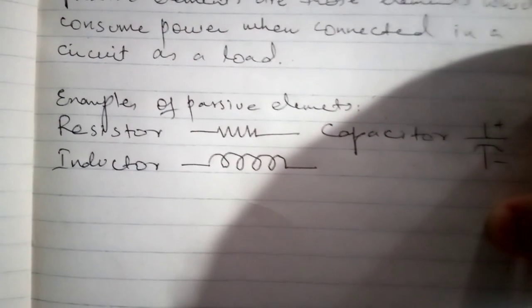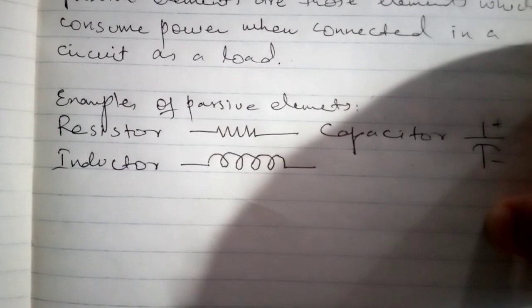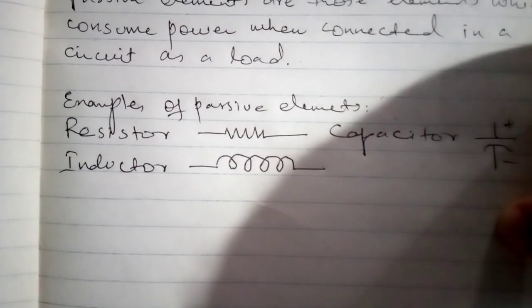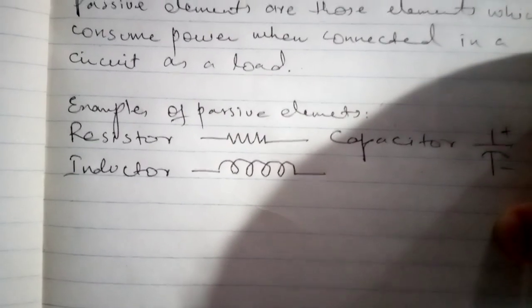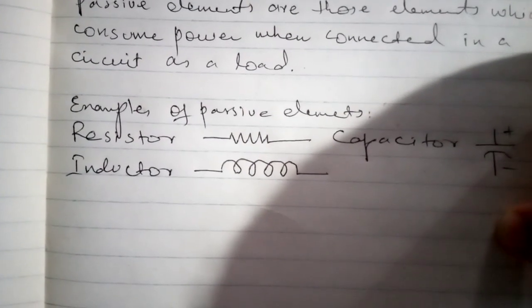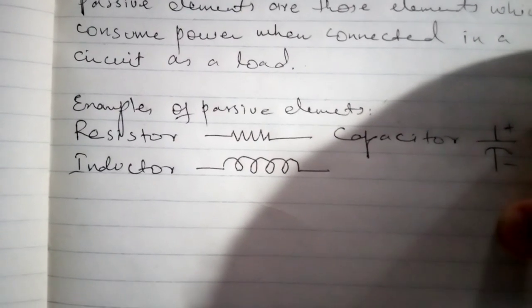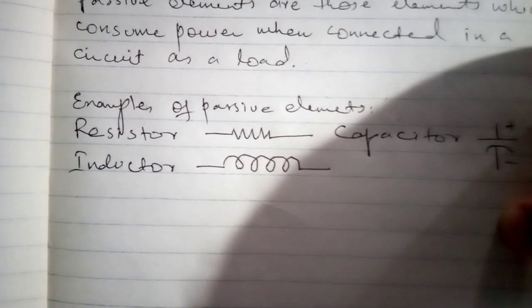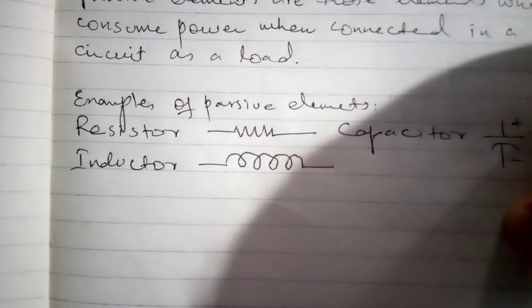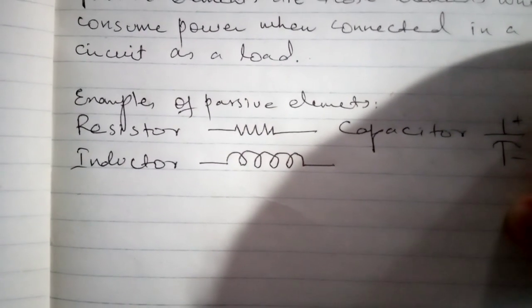So there is a phenomenon called charging of capacitor and discharging of capacitor. And what's an inductor? Inductor actually induces the charges. It's like the form of a coil. Inductor induces the charges in its coil. There is a magnetic field induced in an inductor.